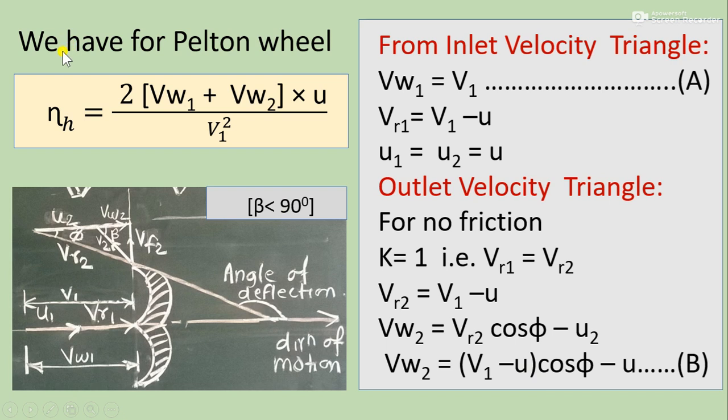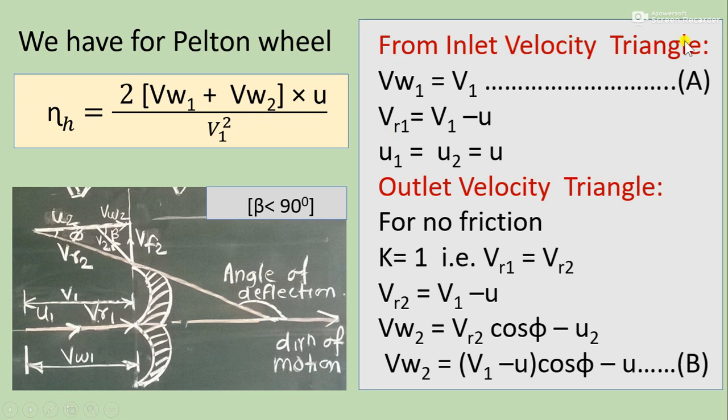So here again we have for Pelton wheel hydraulic efficiency formula, that is 2 times bracket VW1 plus VW2 bracket complete U divided by V1 square. Here we take help of velocity diagram.